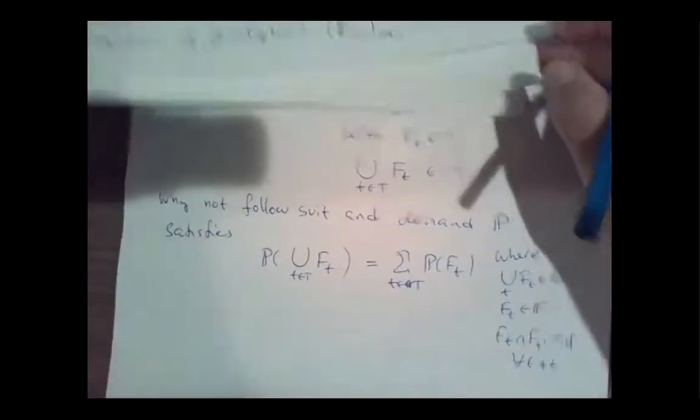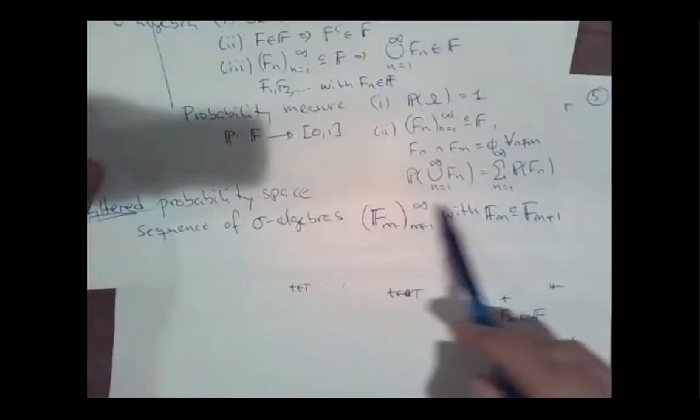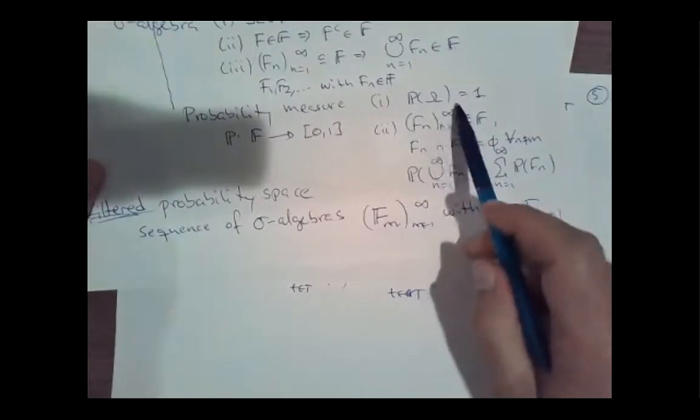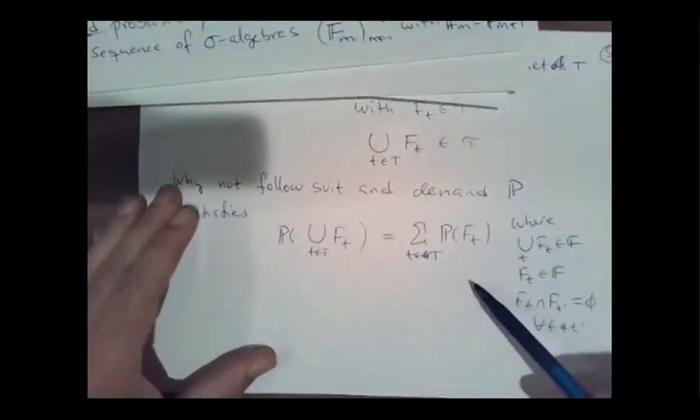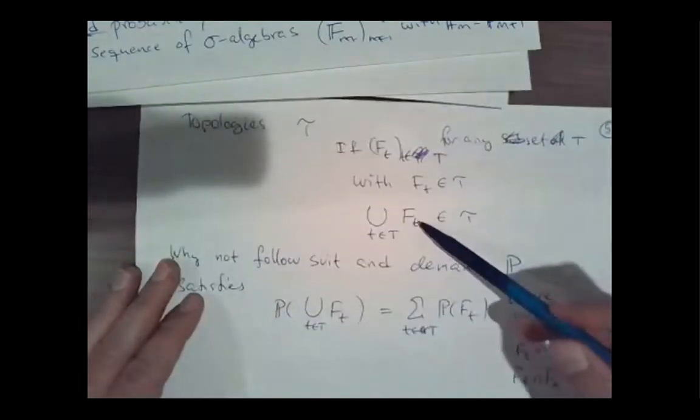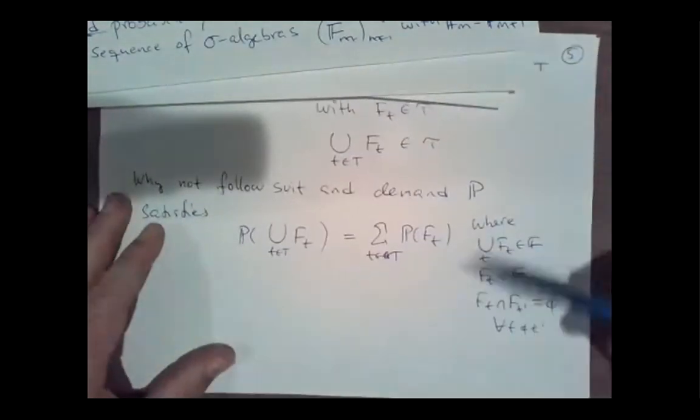So what I'm doing is I'm just copying the condition I have here, but instead of having a countable structure, I'm now allowing for an arbitrary structure. And then I'm claiming that this works well in topology, so why not just do the same thing here?